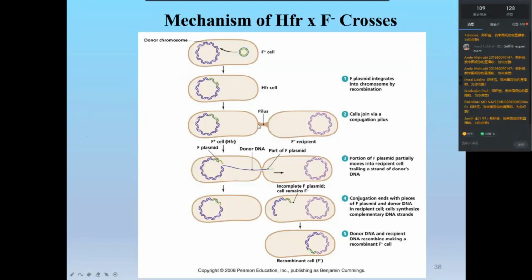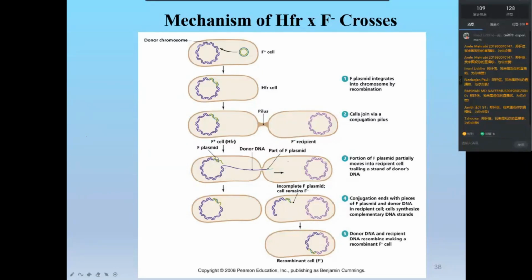Now the sex pili grab another cell, the recipient cell, and pull them together to form a channel between them, so that the donor cell can transfer its DNA into the recipient cell. But here it's different from conjugation, because there's no free plasmid, so this donor cell will transfer its chromosomal DNA into the new cell.